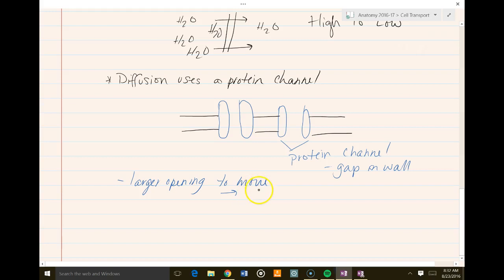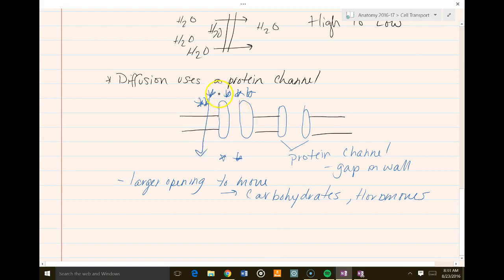So this is for, say, moving very big molecules like carbohydrates, hormones, all of those use these channels. So again, they still function the same way. If I have a whole bunch, let's say these are sugars on the outside of my cell, a few on the inside, they're going to want to move from a high to a low concentration.